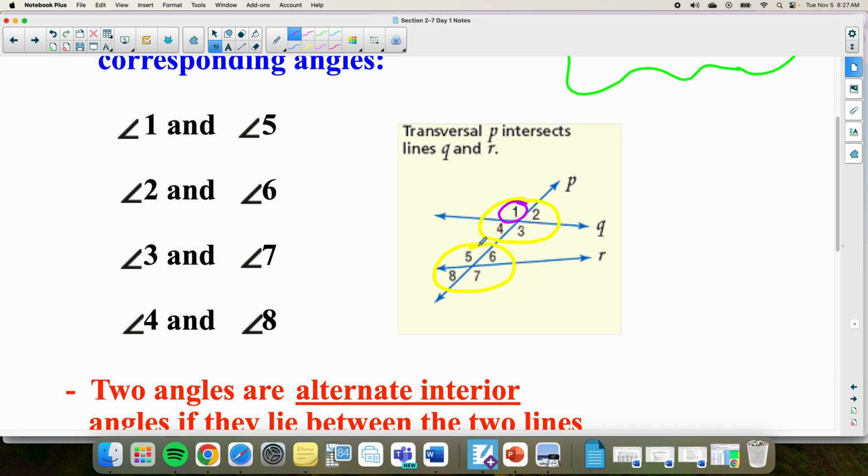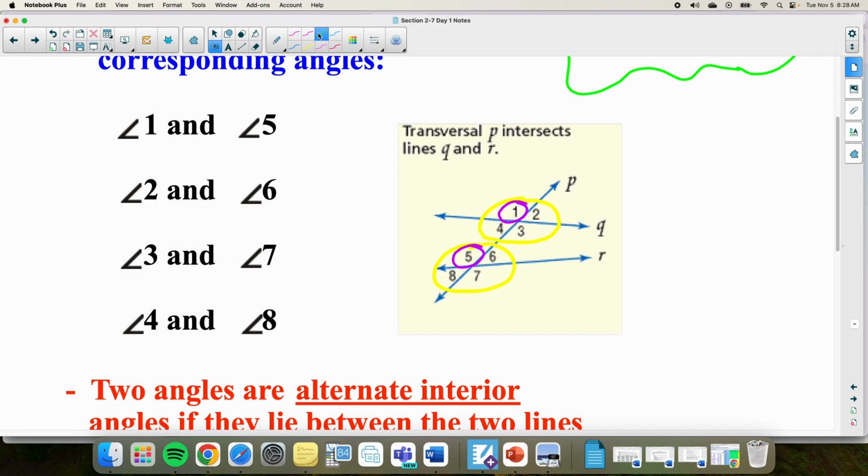Do you guys get how 1 and 5 are in the same position? 1 is to the left of line P and above Q. Down here, 5 is to the left of line P and above line R. So those 2 are in the same position.